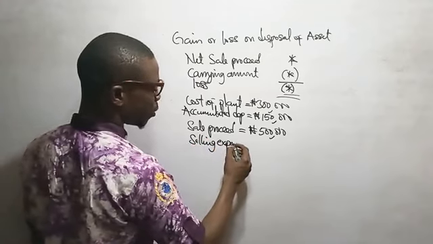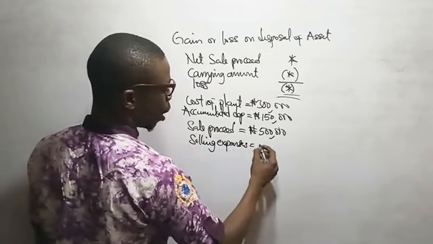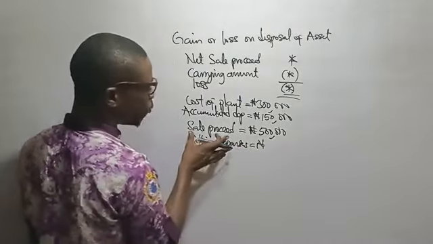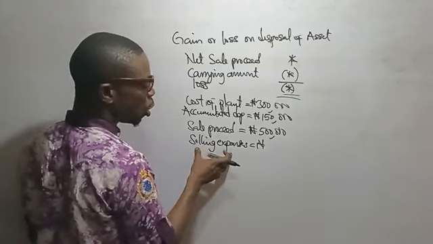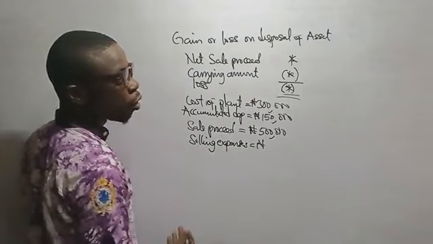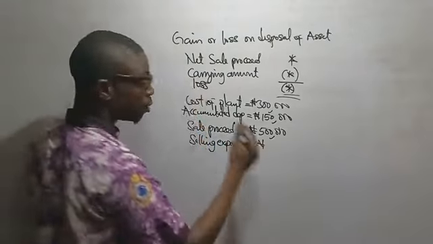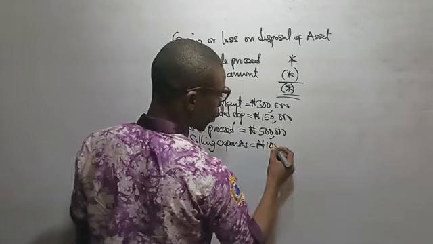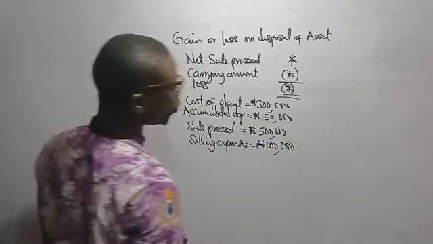Before they can sell it, they need to incur expenses, maybe agency fee, maybe the cost of transporting it to where they will sell it. Let's say it is 100,000.